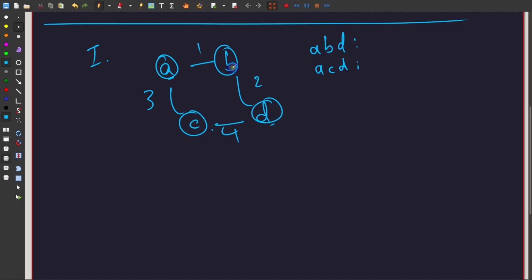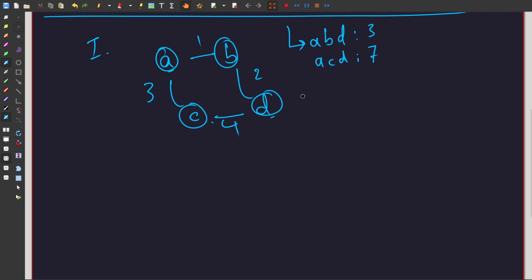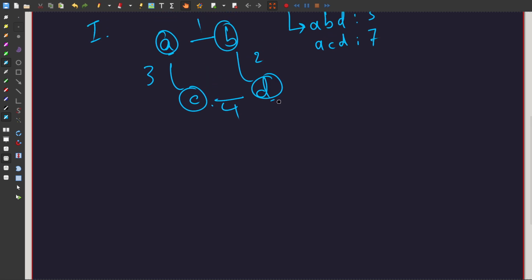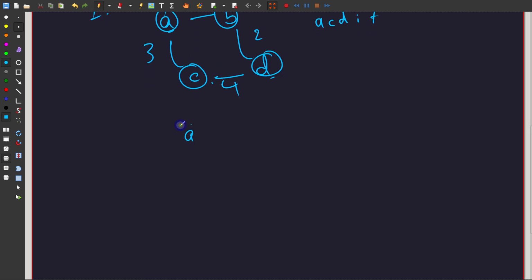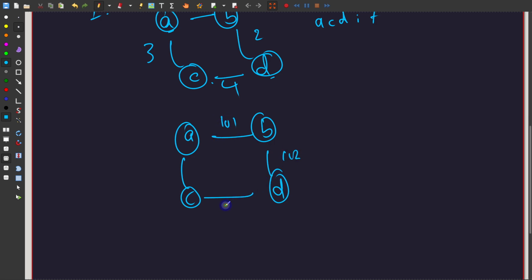Now if I go through ABD, I would take 1 plus 2, which is a 3. If I go through ACD, I would take 3 plus 4, which is a 7, right? So notice how ABD is in fact the shortest path here. Now what if I add 100? Notice what happens if I add 100. Let me just quickly draw the graph again. So 101, 102, 104, 103.